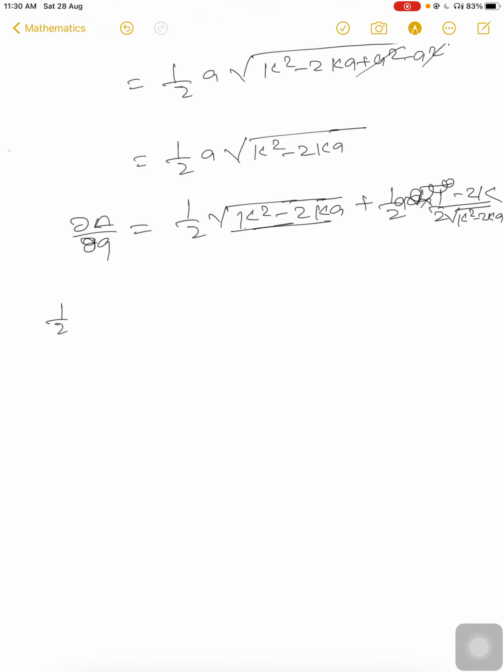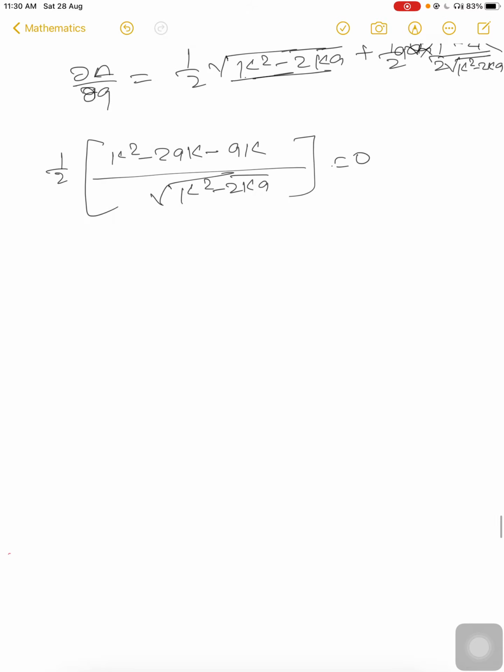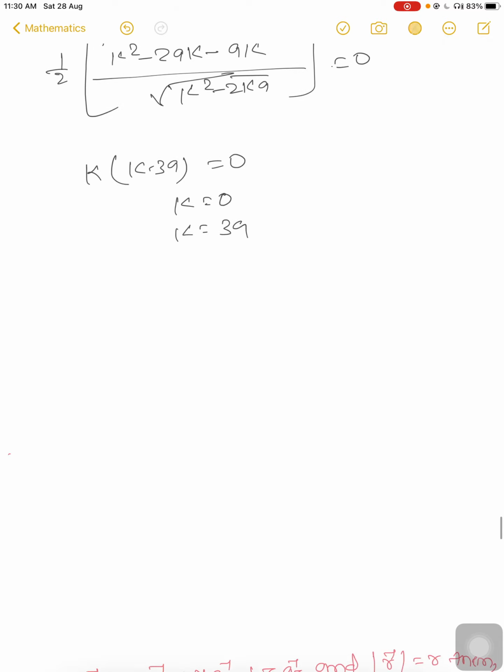After simplification we will get K square minus 2aK minus aK upon root under K square minus 2KA is equal to 0. So K minus 3a equal to 0. You will get K equal to 0 and K equal to 3a.